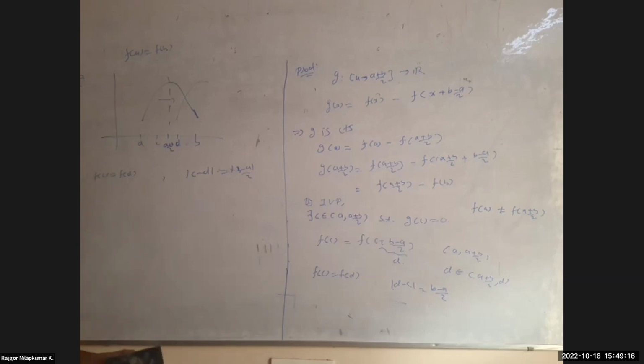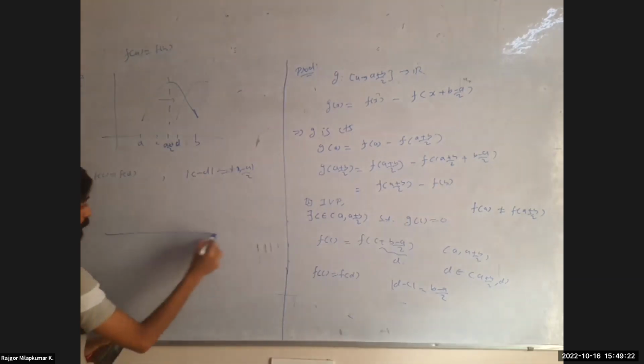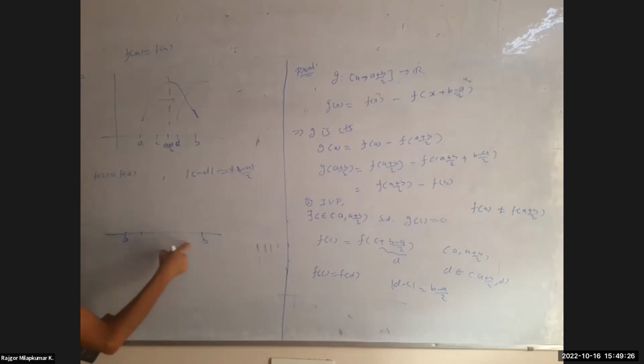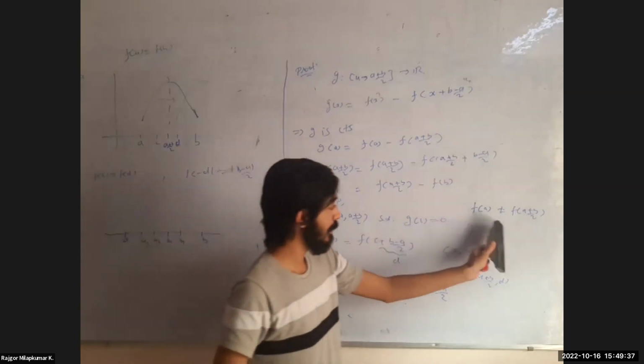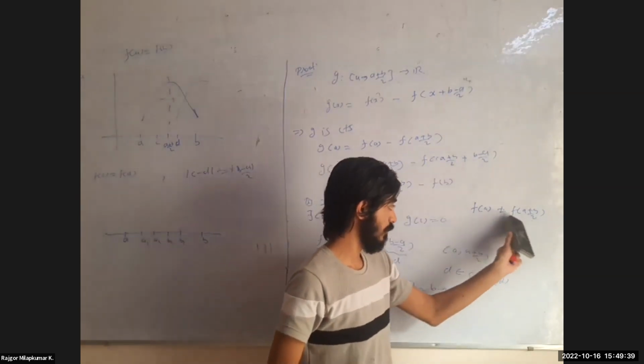Now I can do this again and again. In this way I will have a sequence of nested intervals. So from a and b, I get a1 b1, then if I apply this again, I get a2 b2.